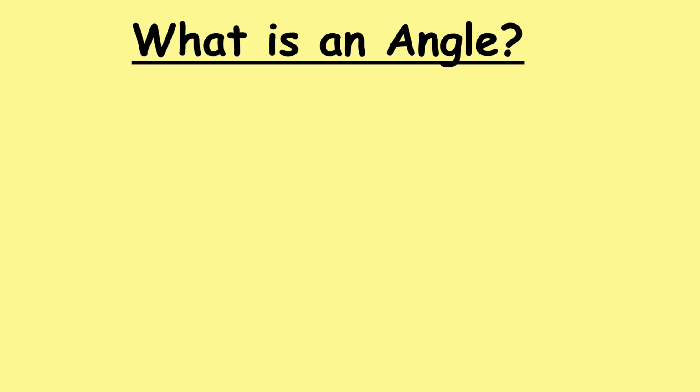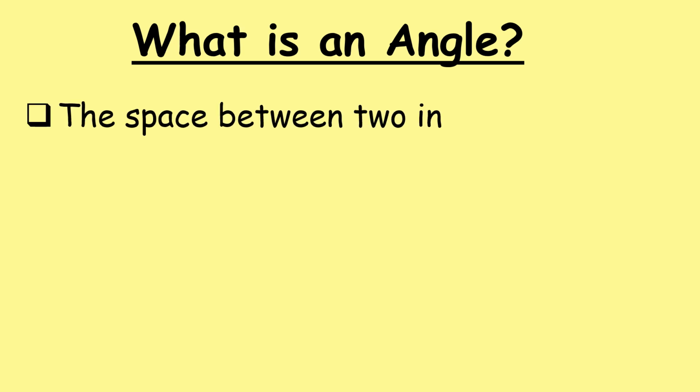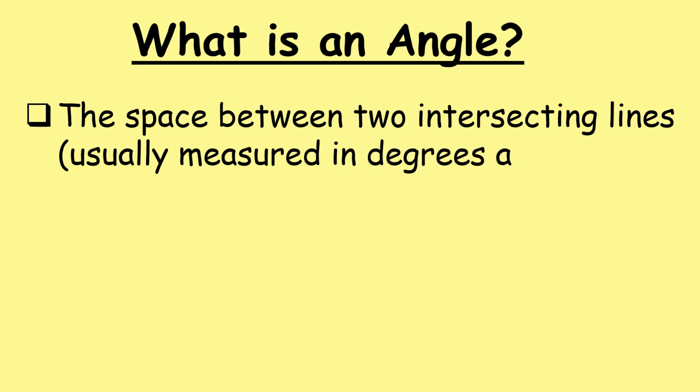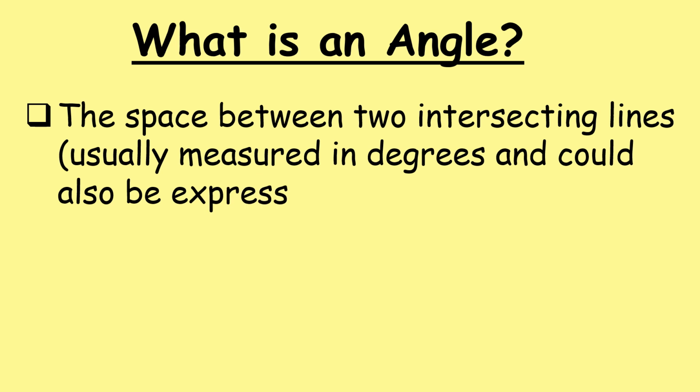So what is an angle? An angle is simply the space between two intersecting lines, and it's usually measured in degrees and can also be measured or expressed in radians.